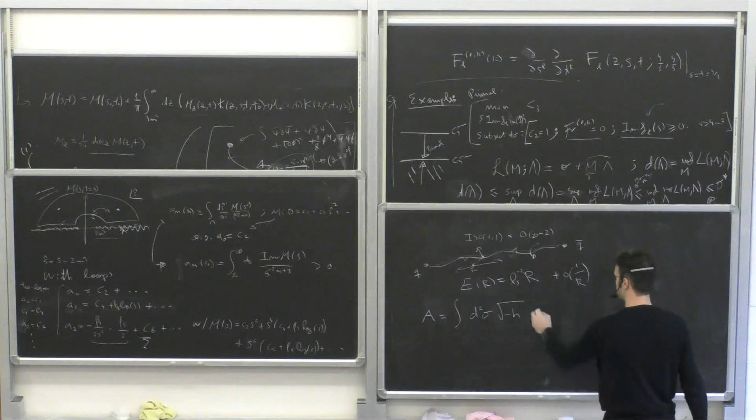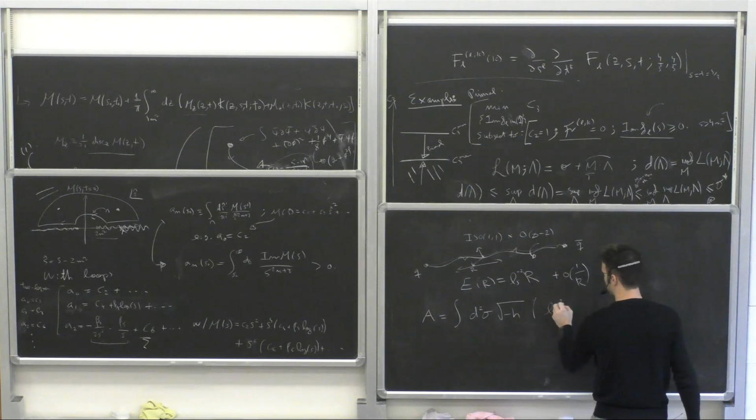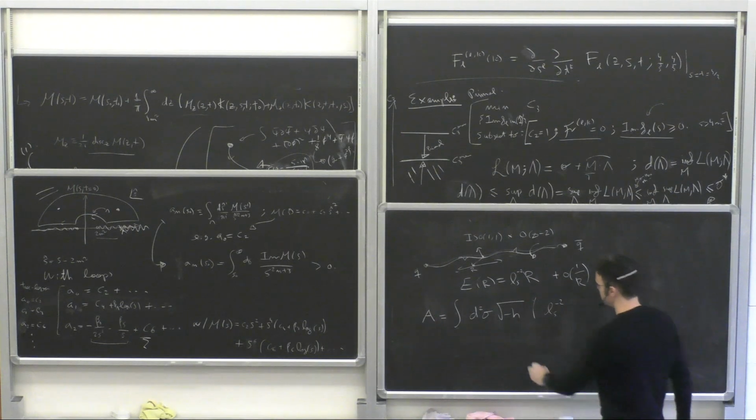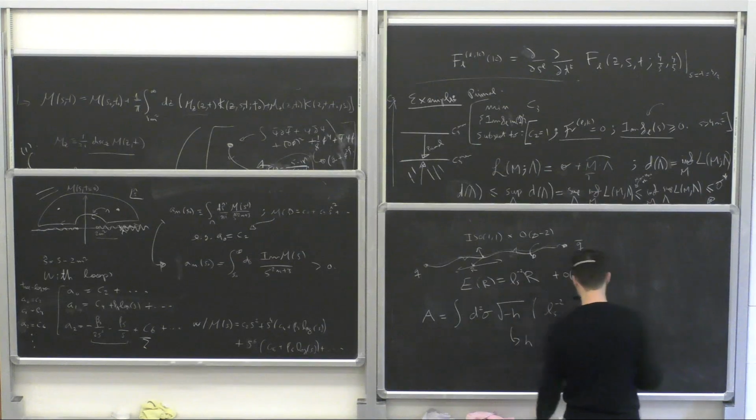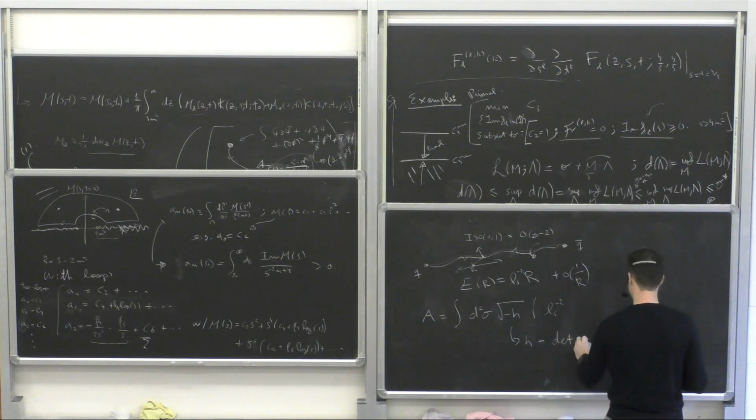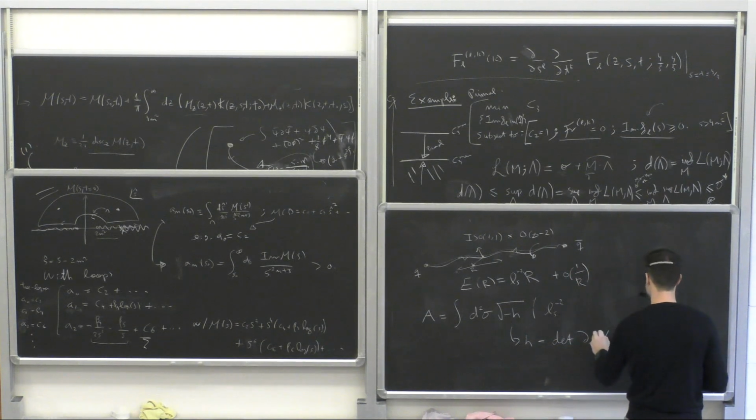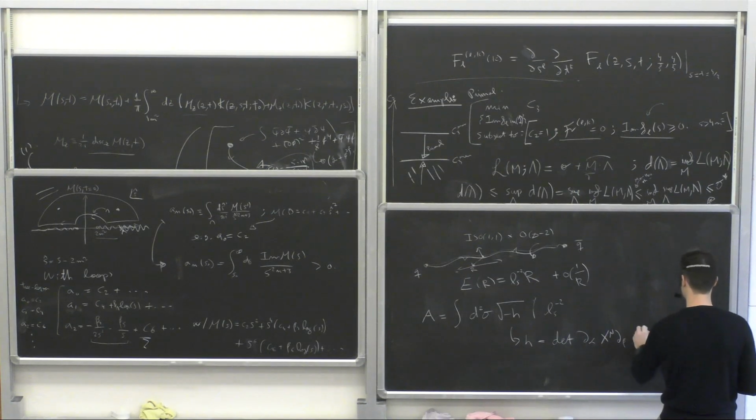So at leading order we have the Nambu-Goto, and this is simply the induced metric, which we may write. Let me write it like this: determinant of d alpha x mu d beta x nu eta mu nu.